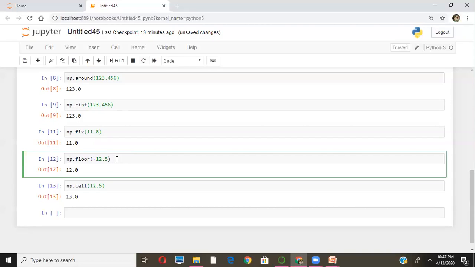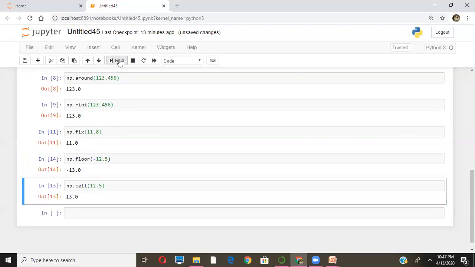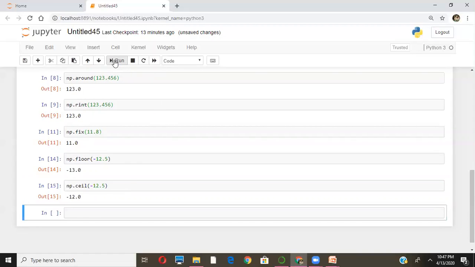So the output for this will be minus 13.0. Yes, the same holds true for ceil also. If I give here minus 12.5, the answer will be minus 12. Okay, we are done with this.